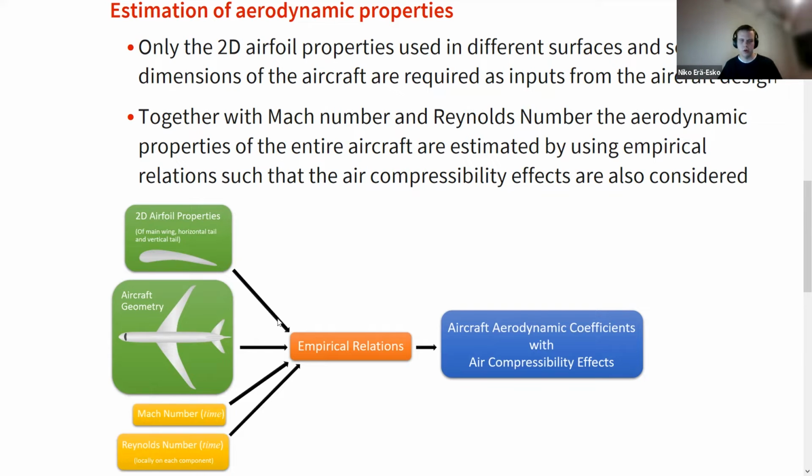And together with all these inputs, we can, by using correct empirical relationships, estimate the aerodynamic coefficients of the entire aircraft, such that the air compressibility effects are also considered.